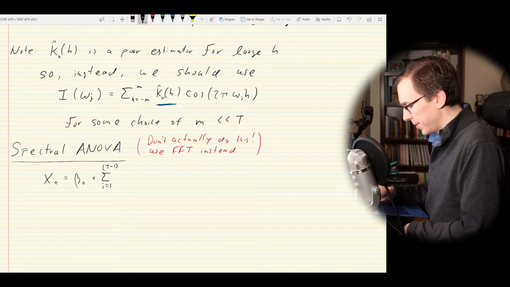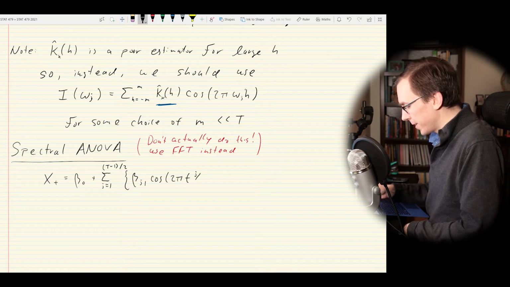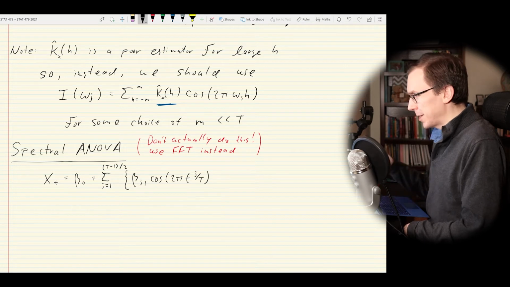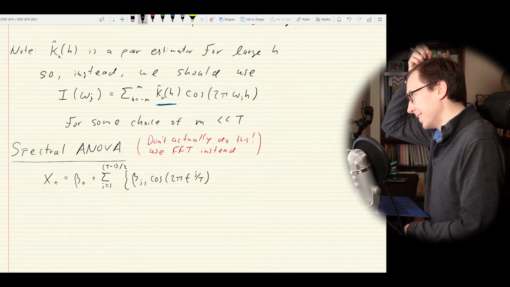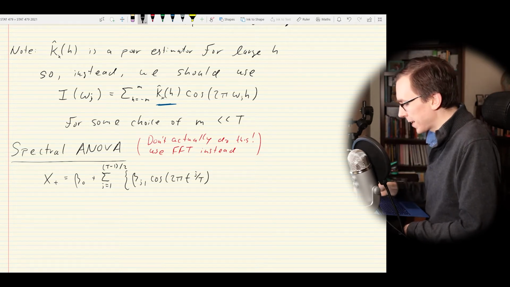Sum up to T minus 1 over 2, and then we have some crazy thing here, which is going to look like beta j1 cosine 2 pi t j over capital T, to switch to that notation just to have that like we did 2 lectures ago.